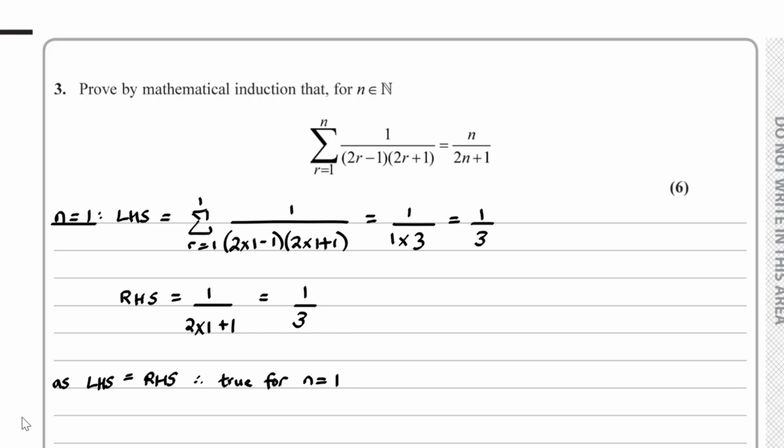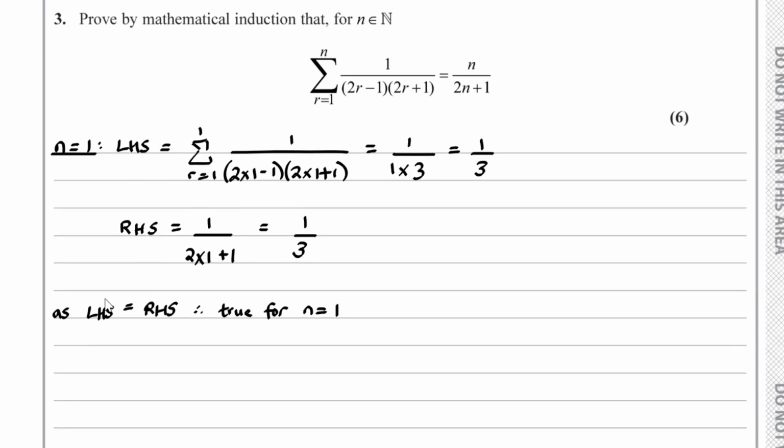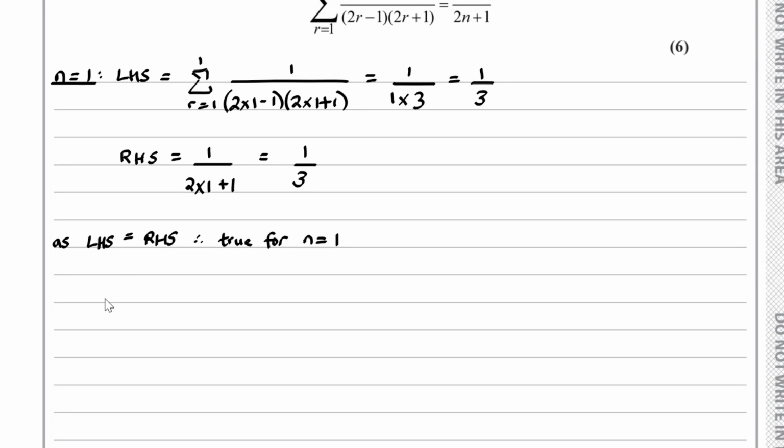The next step in a proof by induction question is to assume that the result is true for n equals k. So we will now assume that the result is true for n equals k.